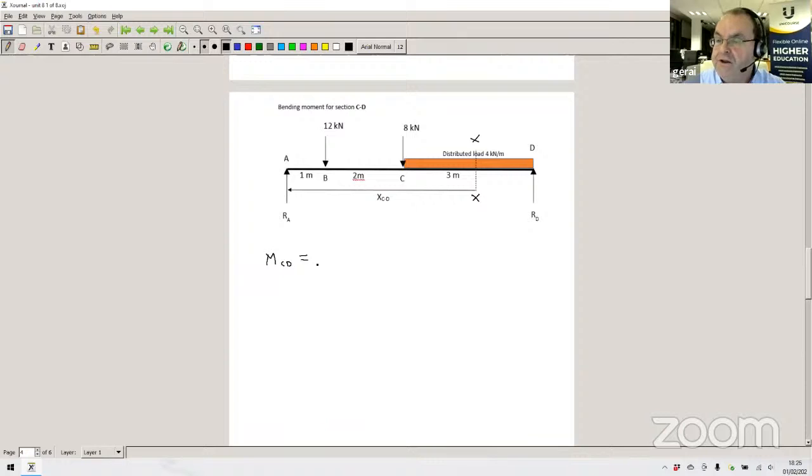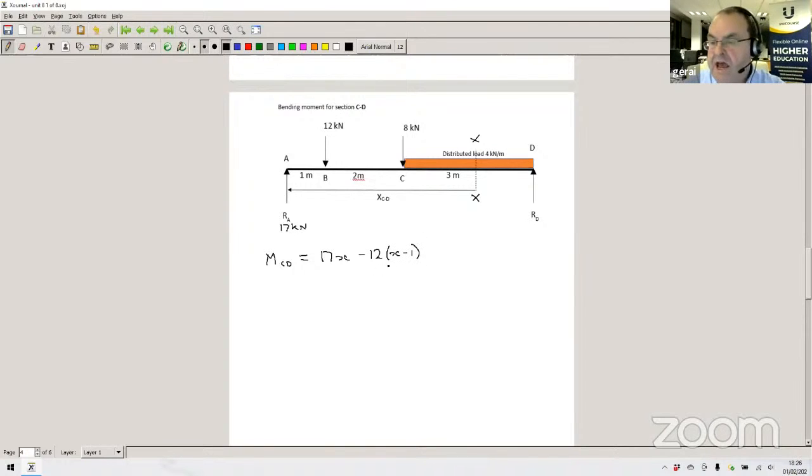is equal to, starting with RA, 17 times X, with 17 kilonewtons as a reminder. Again, minus 12 for the second load at point B, because it's an anti-clockwise rotation, acting at X minus 1, the same as before.